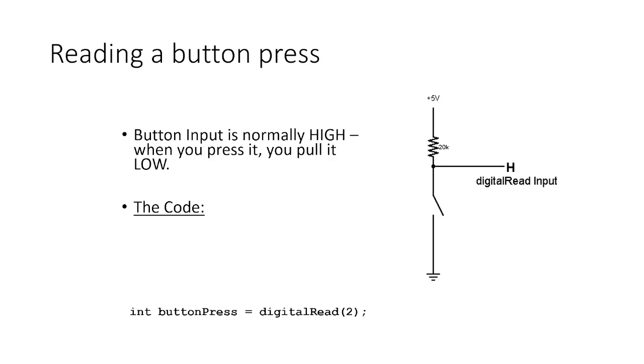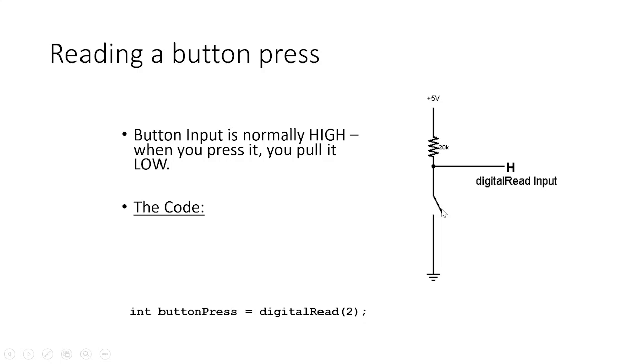Any digital pin which you have defined in the code, but now we are going to pull it high, because that pin is connected to 5 volts through a 20 kilo ohm resistor. That means initially the button will be high, because if the button is open, like right now it's open, you can see current will be flowing from 5 volts to the digital read input pin.